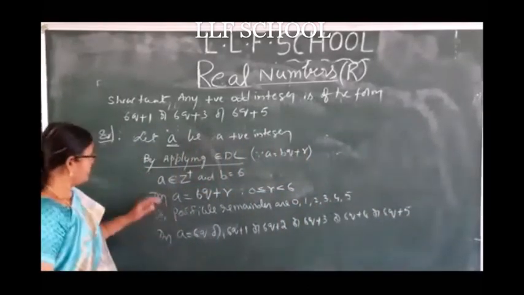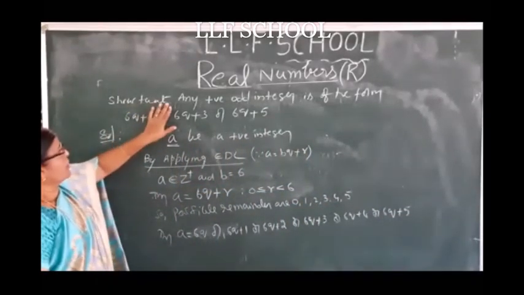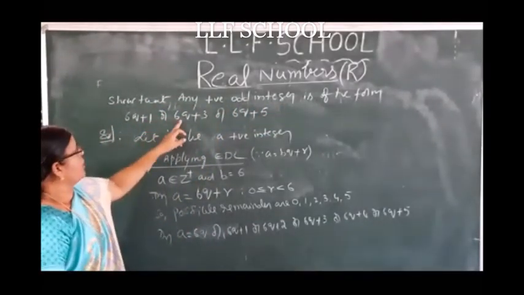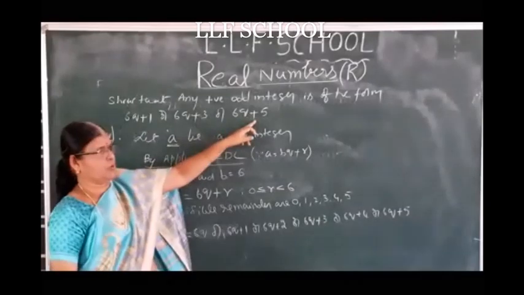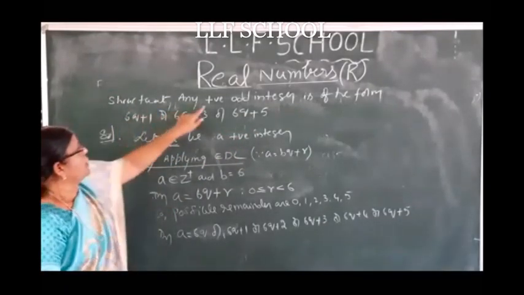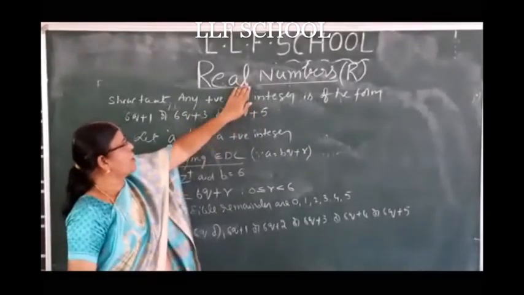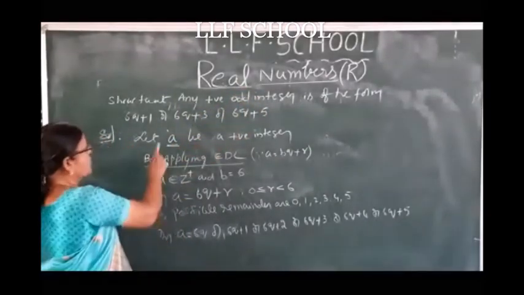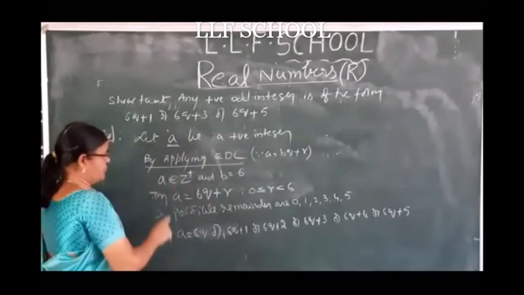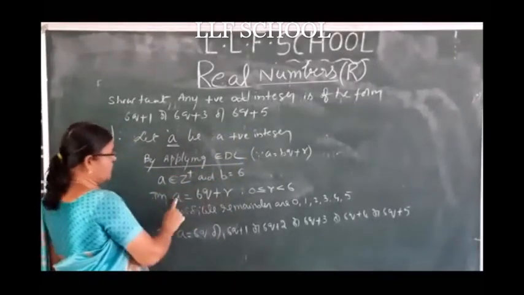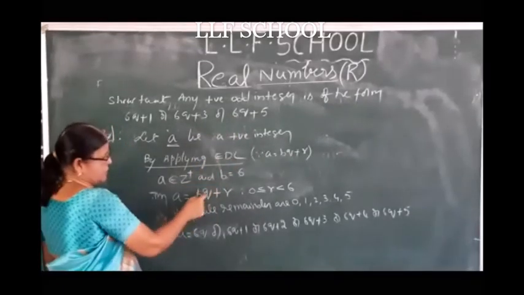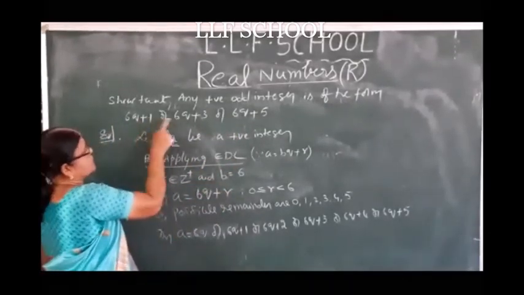See here, our question is any positive odd integer is of the form 6q plus 1 or 6q plus 3 or 6q plus 5. This is show that. To show that, let A be a positive integer. By applying EDL, A is equal to 6q plus R. B is 6 here.